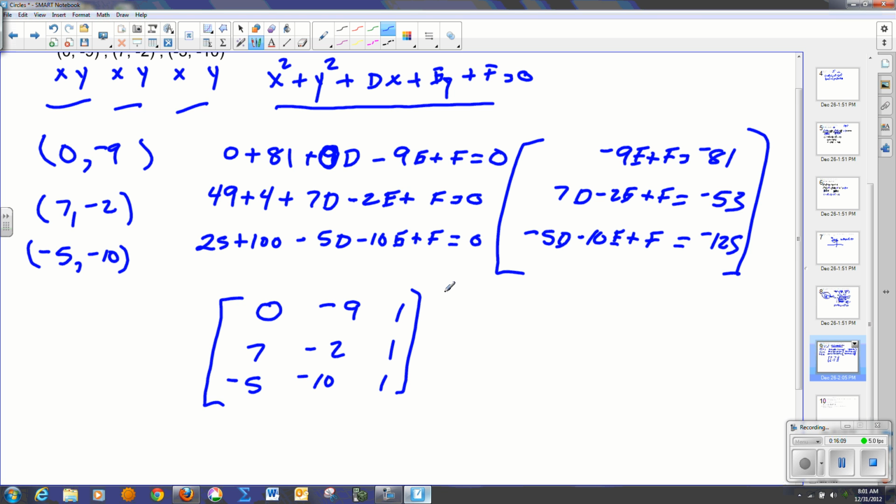The unknown matrix would be D, E, and F. And then the solution matrix would be negative 81, negative 53, and negative 125.